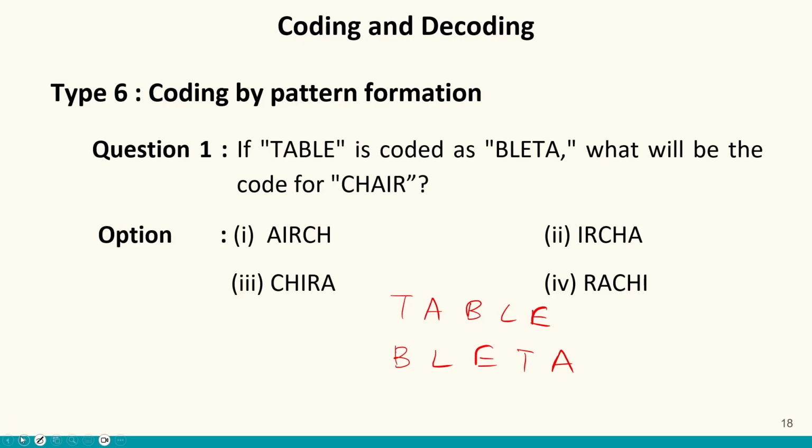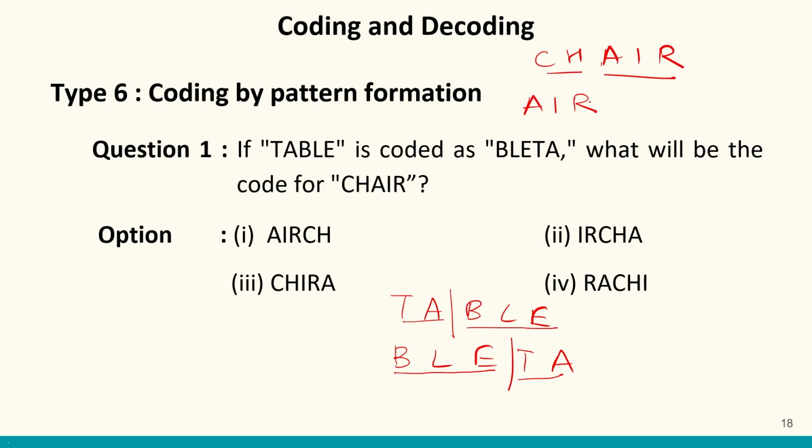So if I look at this, I can very clearly see that the last 3 letters are written first and the first 2 letters are written last. So let's do the same thing for chair. So last 3 letters AIR will be written first and the first 2 letters CH will be written last. So our code will be AIRCH, which is option number 1.